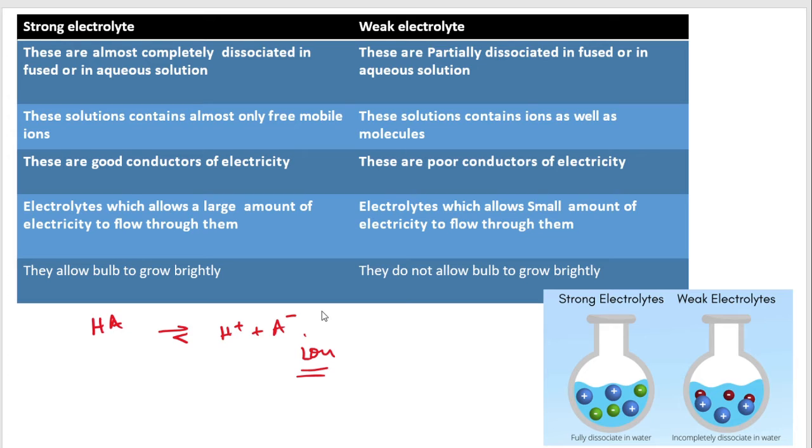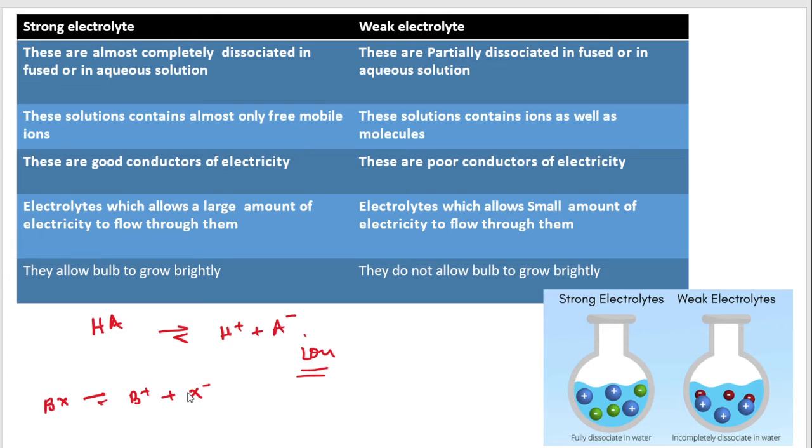Whereas, what will be the weak electrolyte definition? You have a compound BX. It will also undergo dissociation, but to a lesser extent, or partial decomposition will take place. That means, suppose you have 100% compound, only 5% of it will undergo dissociation and the rest will remain as it is.